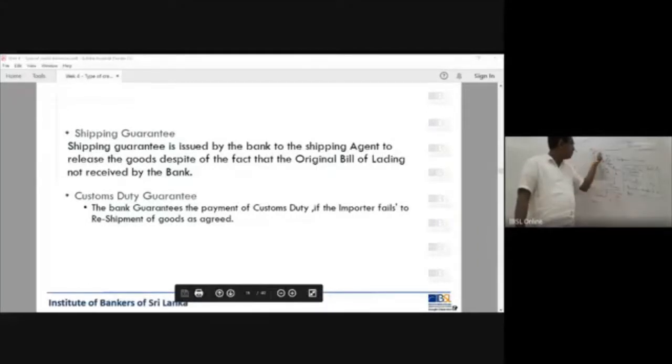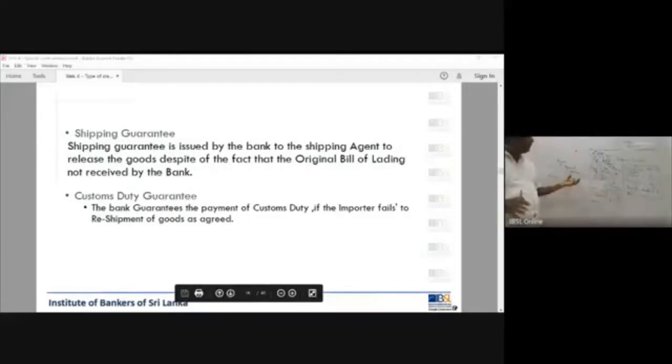Documents normally route, like the original set of documents, through bank to bank. But there is another set of documents which comes through the shipping agent. Right? We call that copy documents. All the documents come the same way, but it is a copy only.